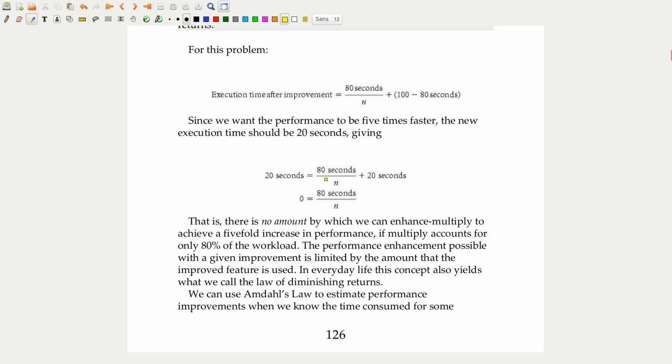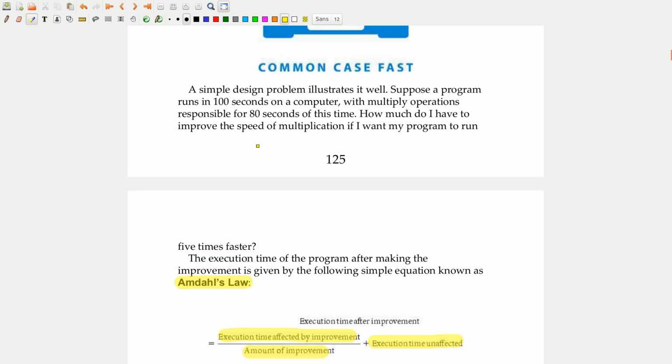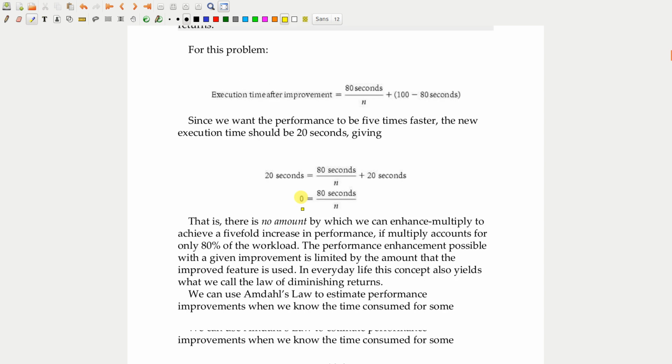And so what we find is, after we move this around, we want this to get to 5x, right? And so what we find is it's impossible. There's actually no way in this design problem to make it 5 times faster.